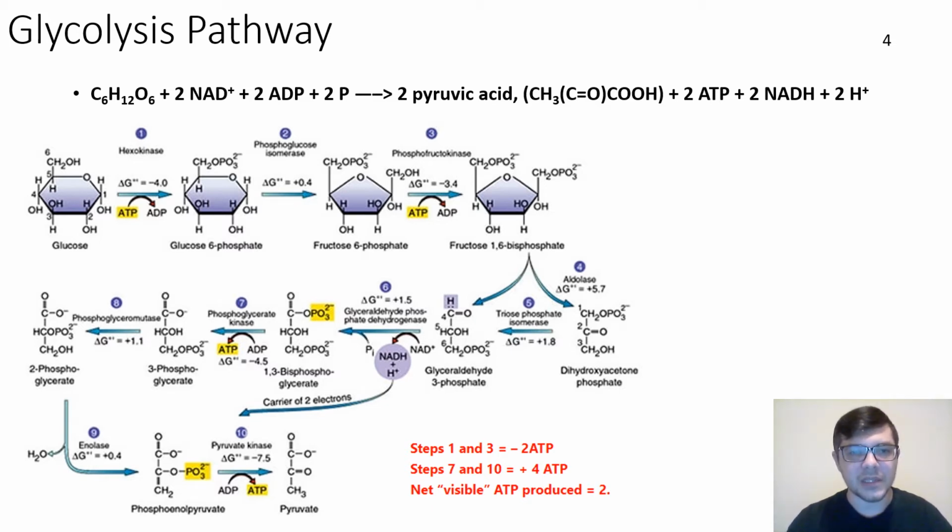So this glycolysis pathway is very important for organisms that might have a lack of oxygen. So they cannot do aerobic respiration. With the lack of oxygen, they will still be able to produce ATP, although at a very, very low level.